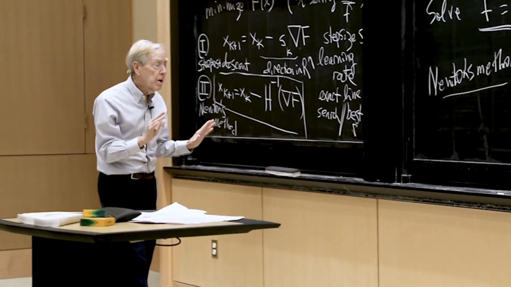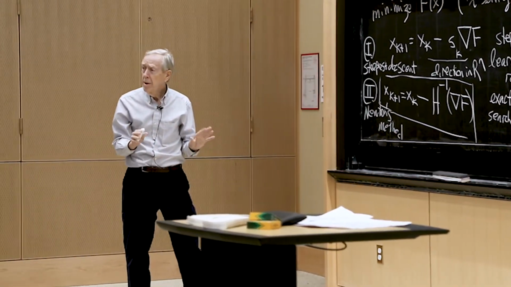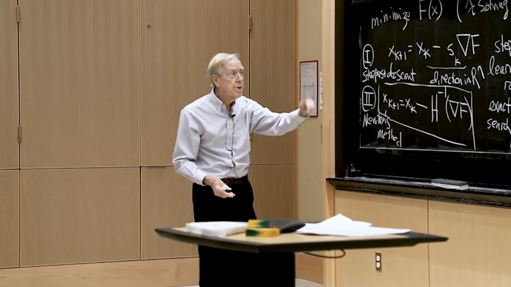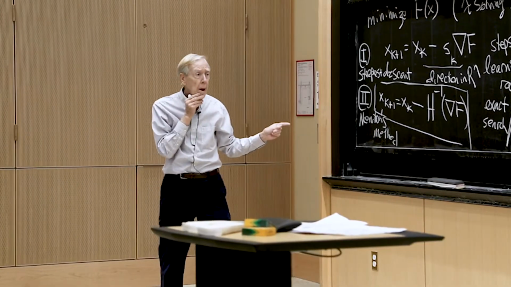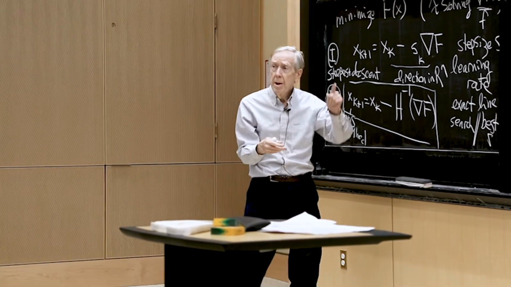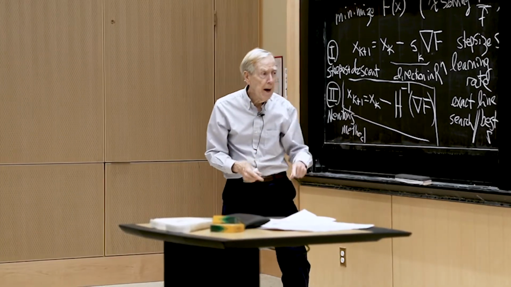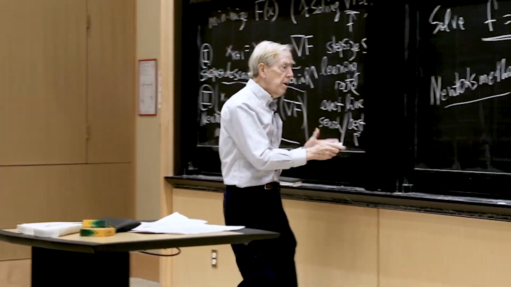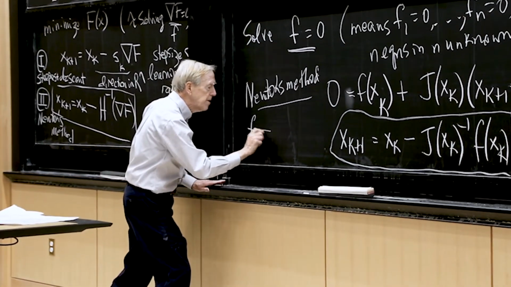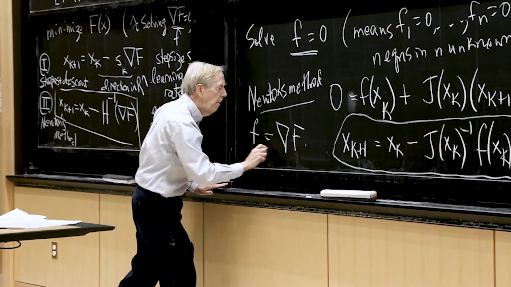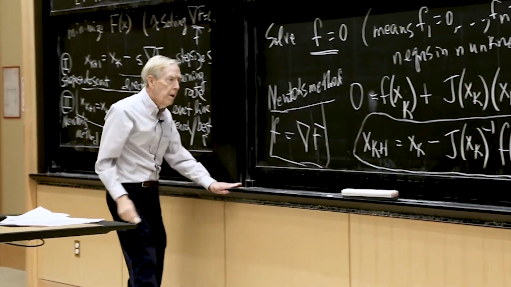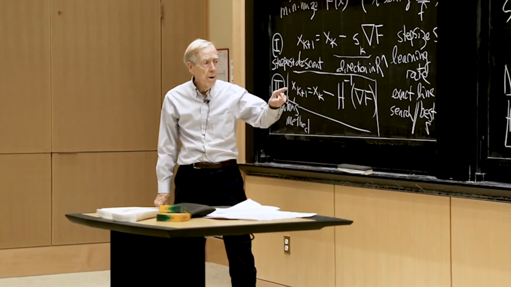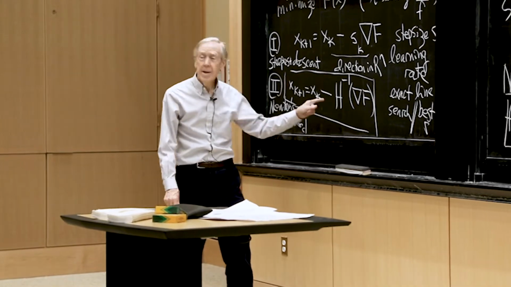Actually, I'm really happy to have these two on the board parallel to each other, because you have to keep straight: are you solving equations or are you minimizing functions? And you're using different letters in the two problems, but now you see how they match. So again, the match is, think of f as the gradient of f. That's the way you should think of it. So the Jacobian of the gradient is the Hessian.